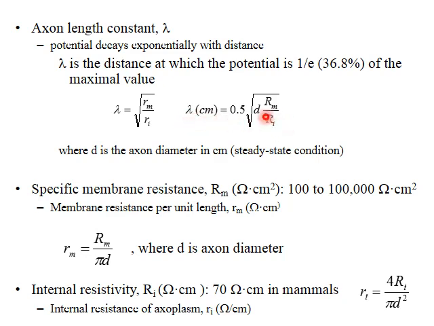In a similar way, if Ri, the internal resistivity, were lower, that would mean the cytoplasm would be a better conductor, and you'd expect the depolarization to travel farther. And indeed, if Ri is smaller, then lambda is larger. Finally, if the specific membrane resistance and the specific internal resistivity stay the same, but we increase the diameter of the dendrite, then there's going to be a larger amount of cytoplasm.